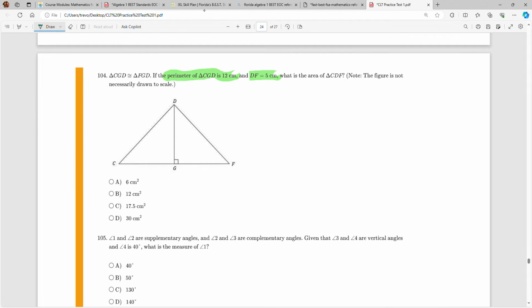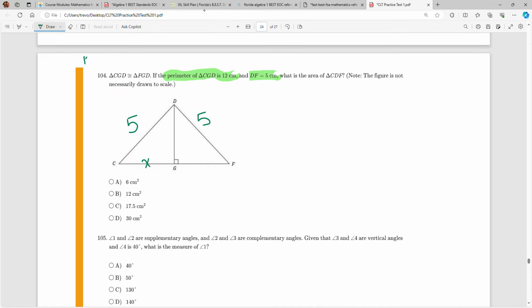Okay, so I know this is 5. These triangles are congruent, so if this hypotenuse is 5, this hypotenuse over here is also 5. I know we can say that this down here is x. I know that these 3 sides have to add up to 12.